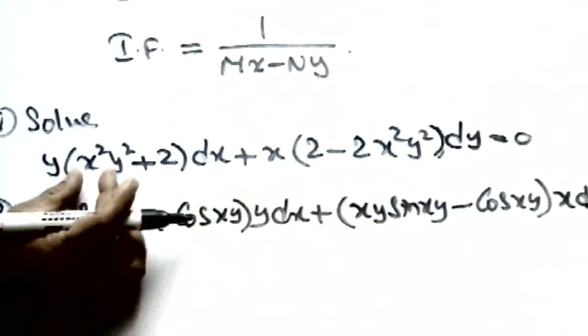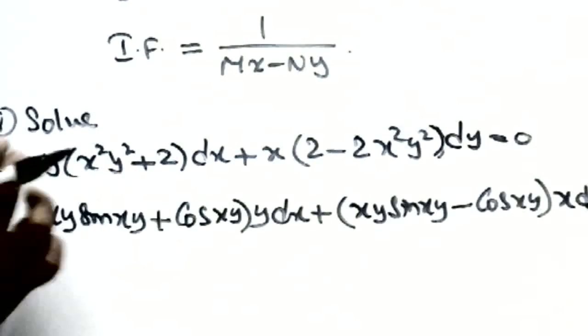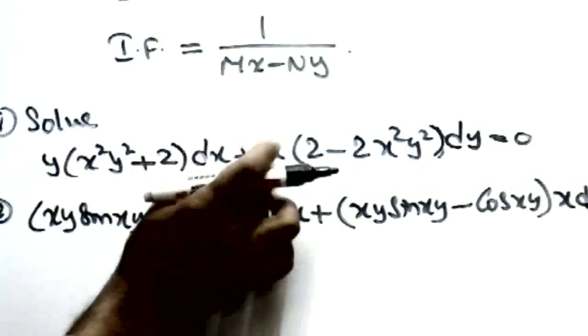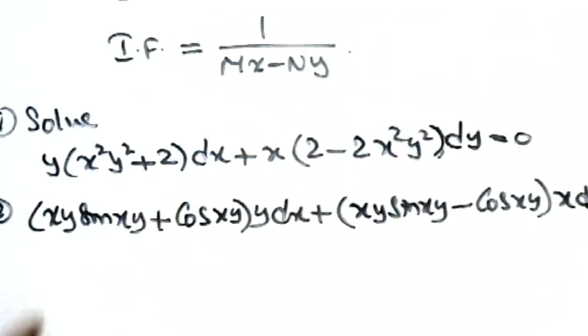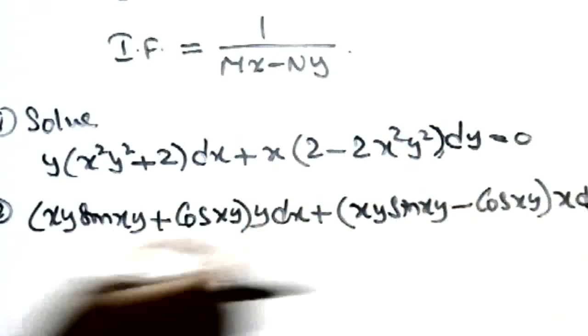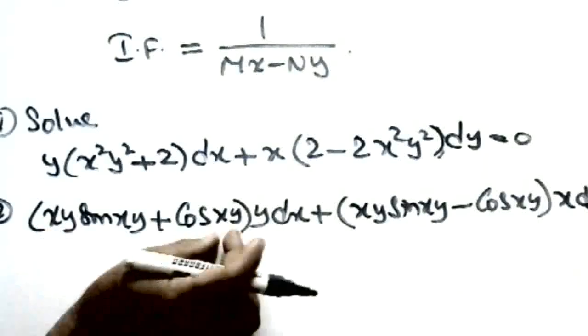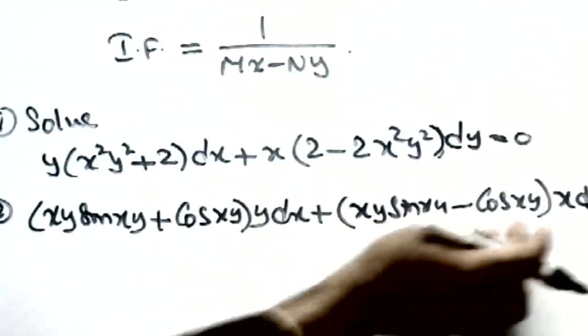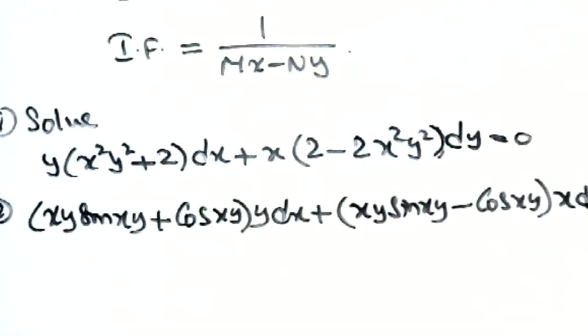X and y are together here as a single function. Here also you see, y dx, x dy, and the function is with xy together. So let me do these two questions, inshallah. The first question we will try now.